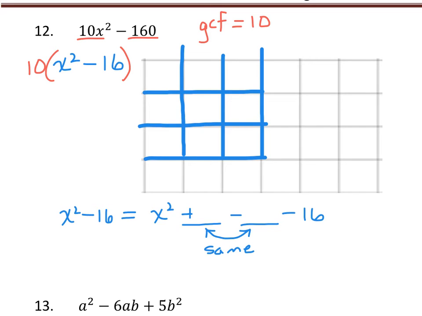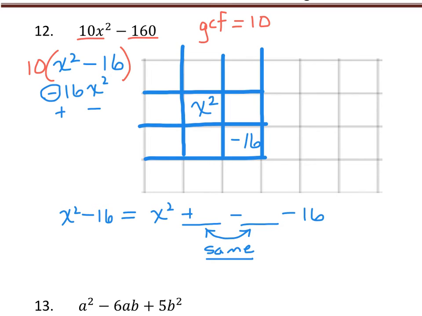We're going to put our first term in our first box, our last term in our last box, take that product, and knowing that that product is negative means one of our signs is going to be positive, one's going to be negative, and the fact that the middle term has disappeared tells us that it's going to be the same numerical coefficient.